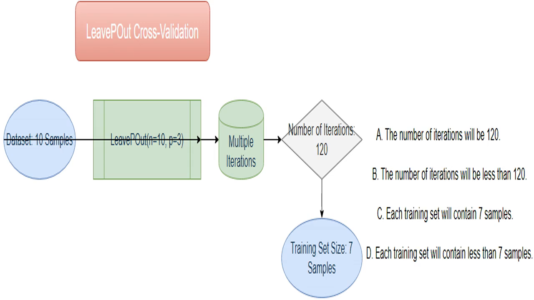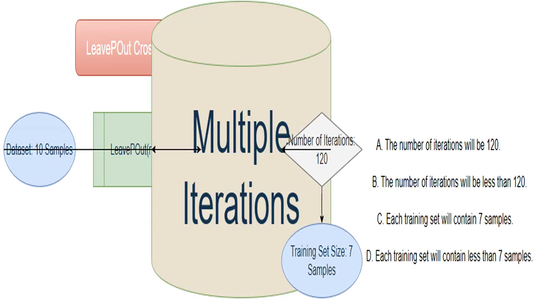I have a dataset with 10 samples, that's my starting point. I calculated the total number of ways to choose 3 samples out of 10 for testing, using combinations, 10 choose 3, over 7 factorial. I get 120 possible ways or iterations.